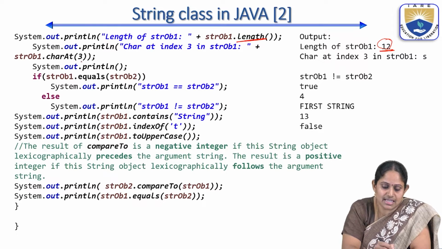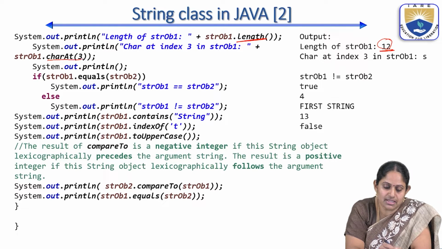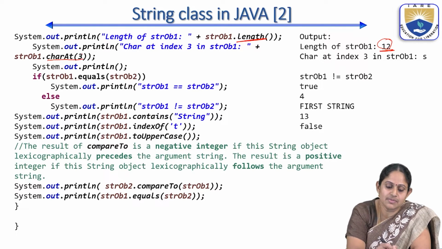Next is character at index. We use the method to get the character at a specific location.